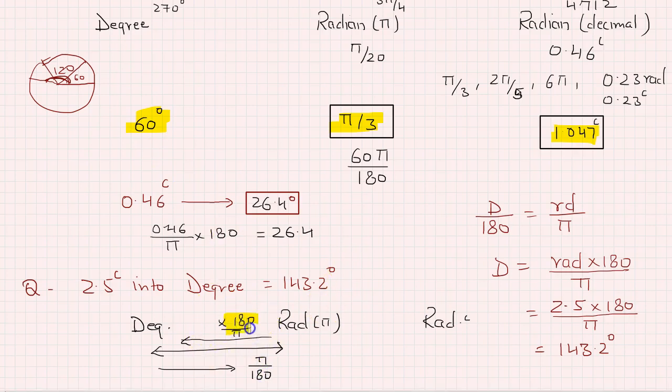So this is from radian to degree, and this one from degree to radian. And furthermore, if you have to write it in decimal, then put pi equal to 3.14.